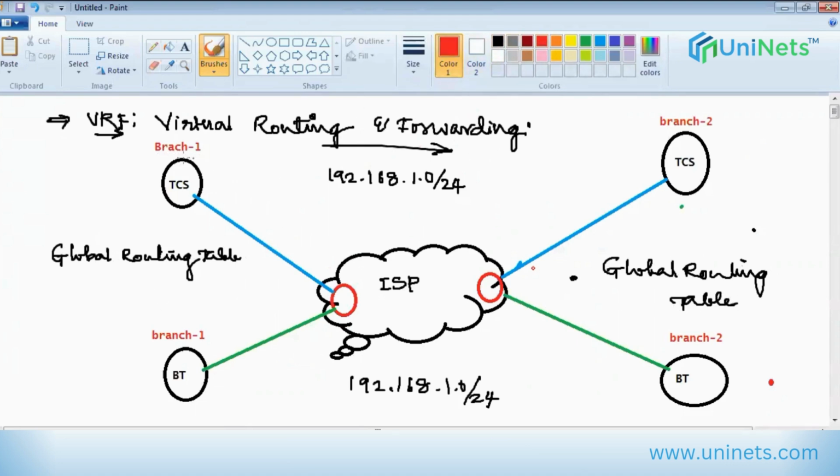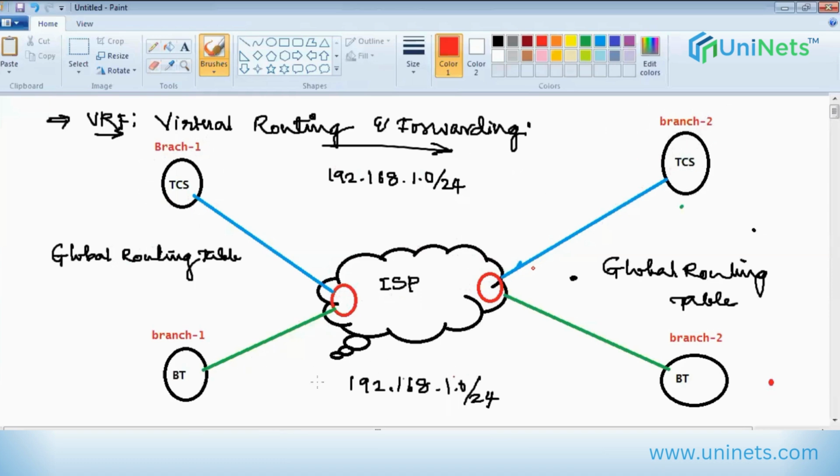Now, when branch 1 of TCS needs to communicate with their branch 2, how can I make sure that TCS traffic moves through me and reaches the same TCS branch office?